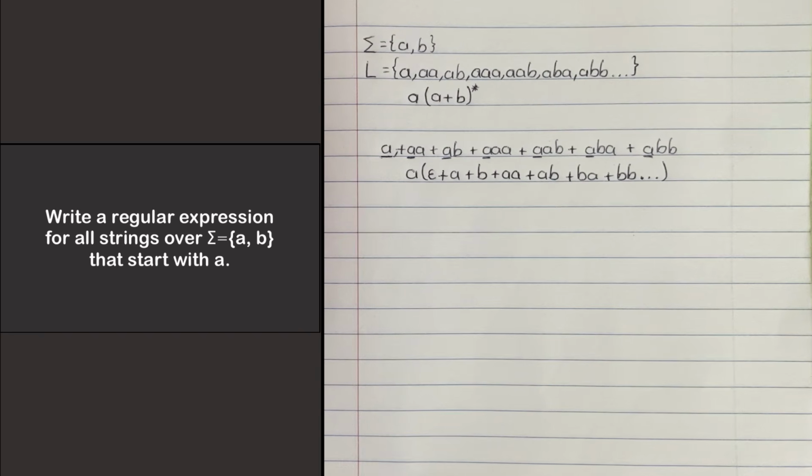So what does this represent? We said earlier that the Kleene closure consists of any possible combinations of the alphabet, including epsilon, the empty string. So we can rewrite this as a followed by the Kleene closure of our alphabet. To break it down, our alphabet comprises a and b, so let's substitute the symbol with a and b in union, and attach our Kleene closure. That was just to break it down for further understanding.